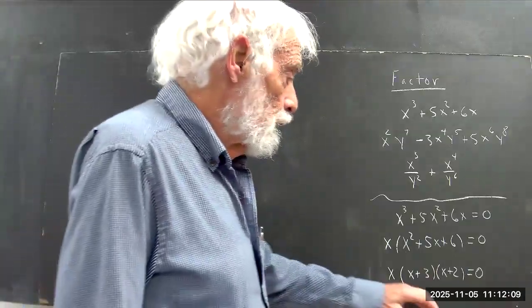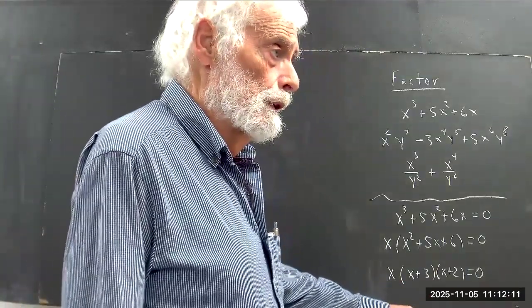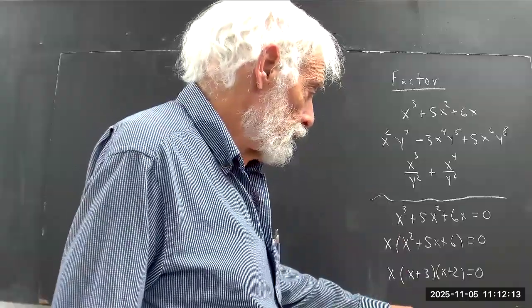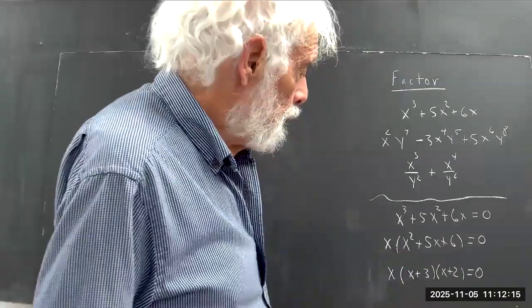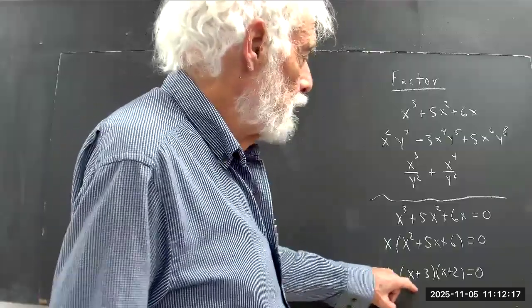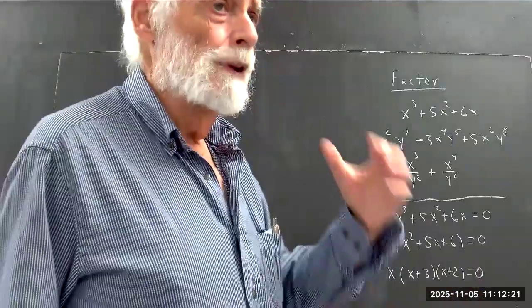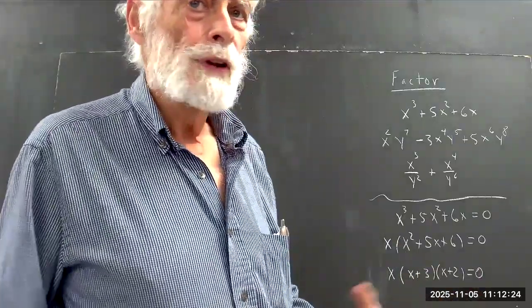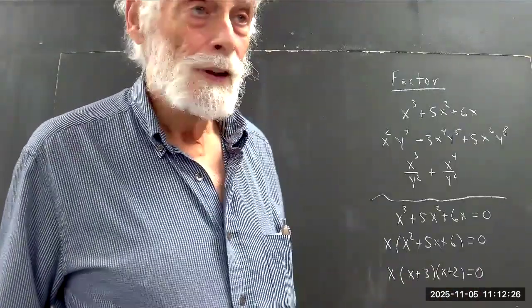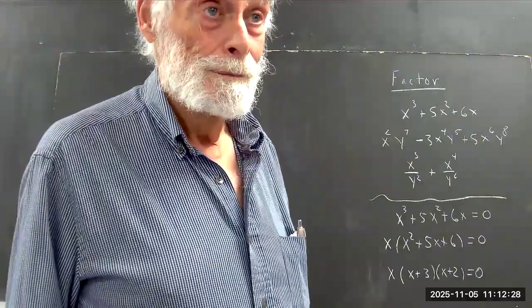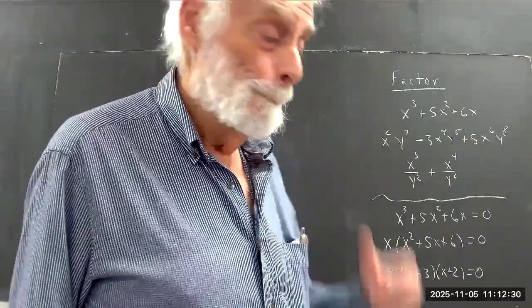Again, previewing a little, but get your mind thinking on this because it's important. If you multiply 3 numbers and get 0, what does that tell you? It says one of those numbers has to be 0, maybe more than one.